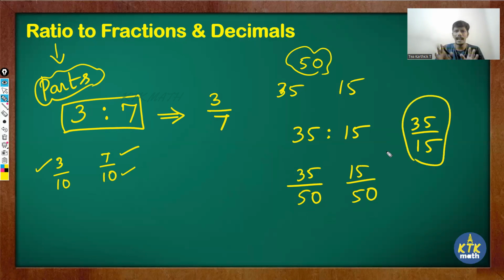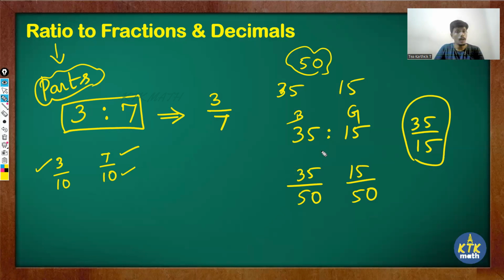So something related with parts, like how we have learned fractions in our primary classes. In the same way, when real life word problems divide data into certain parts, we will be learning ratio here. So the boys' part is going to be 35/50, the girls' part is going to be 15/50.